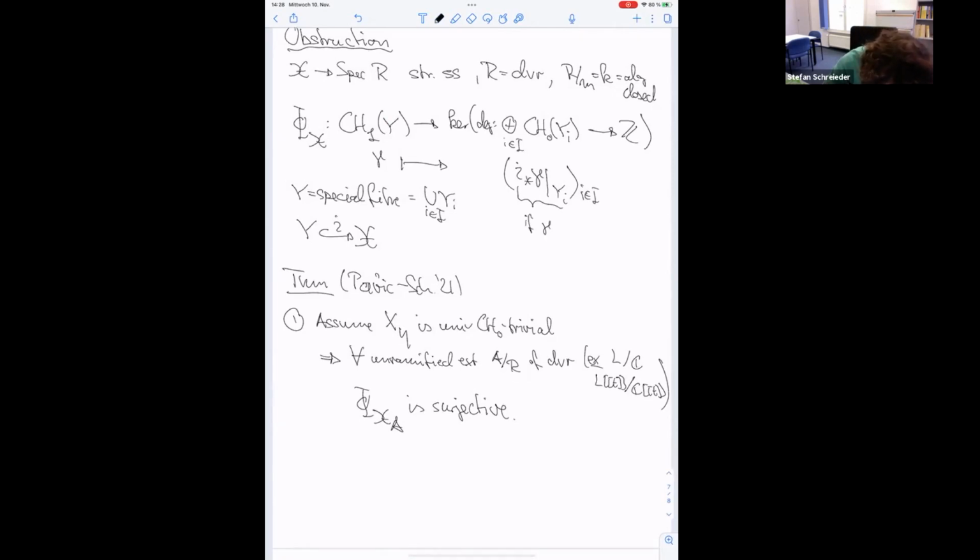So if gamma has support on a single Y_j, then we can compute this easily. So either it's just given by you intersect the 1 cycle with Y_j intersect with Y_i. So Y_j is another component, so if i is different from j.